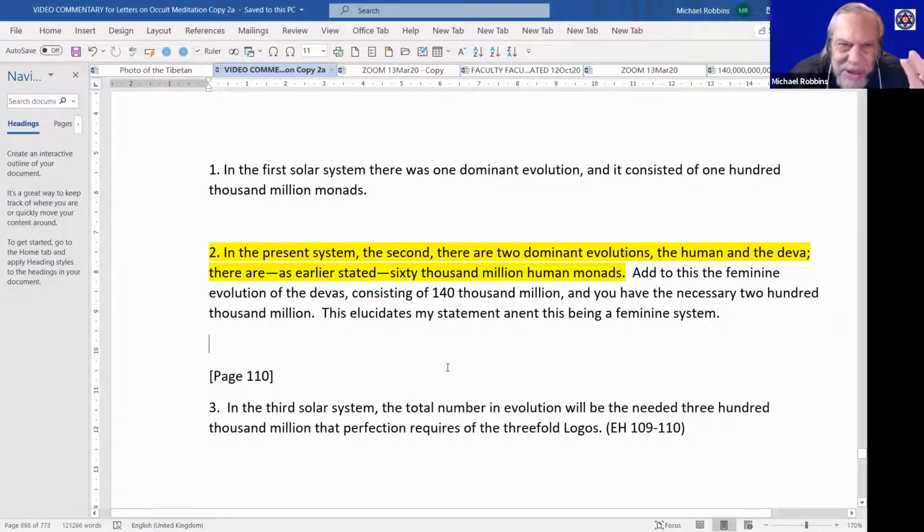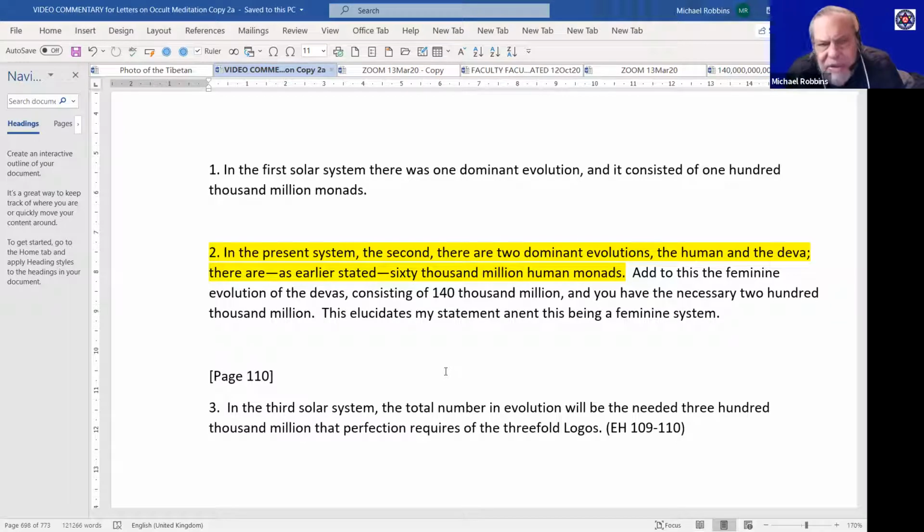See, because when he says something like, the Earth will manifest, or the planetary logos of the Earth will manifest in the next solar system. And when he says in the third solar system, the total number in evolution, with that sort of hidden factor, will be the needed 300,000 million that perfection requires of the threefold logos.